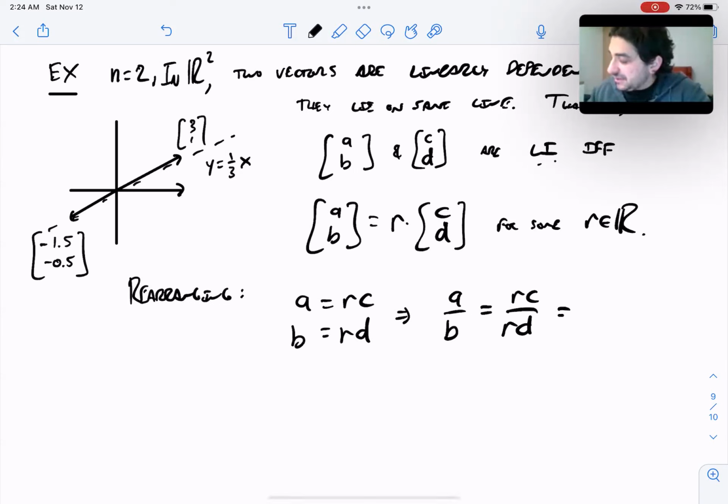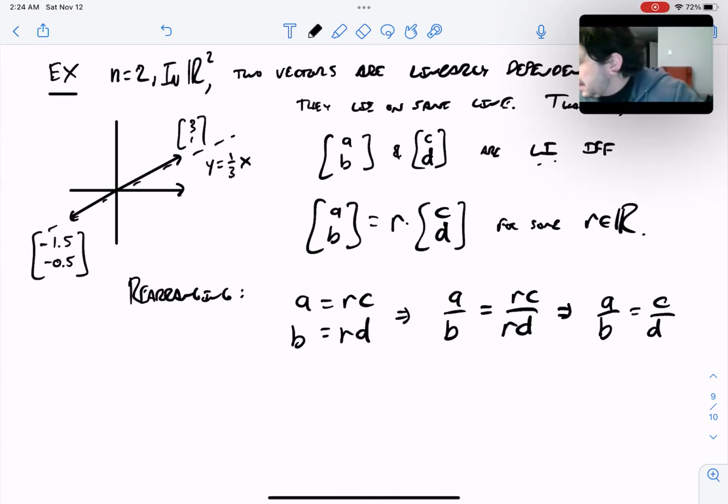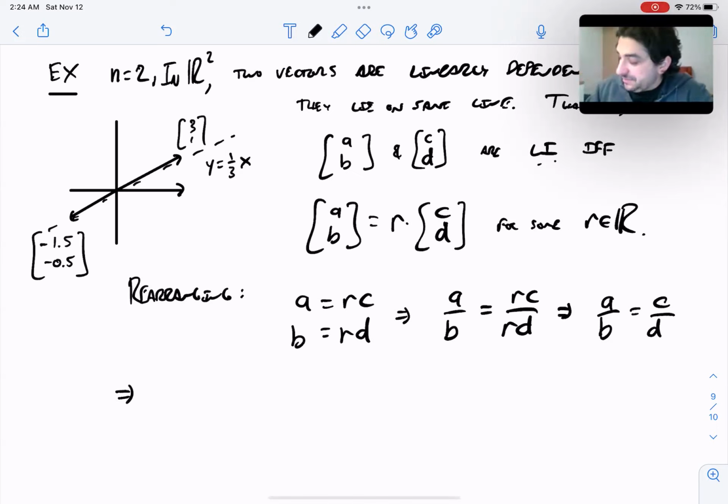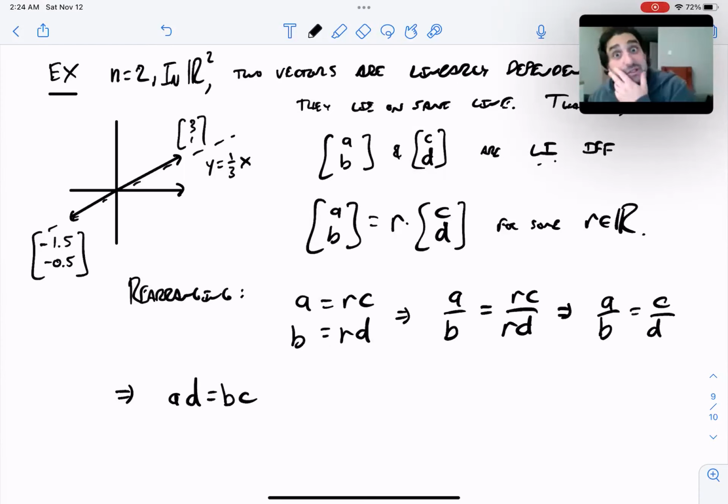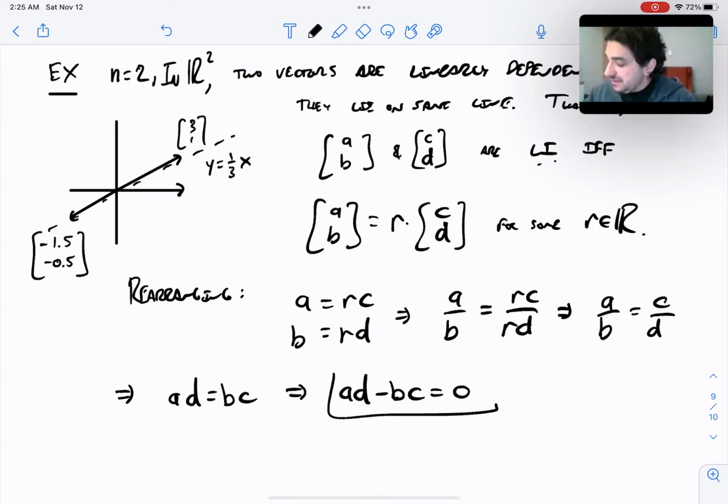Divide those equations, so now the R's cancel: A over B equals C over D. Then cross multiply, so you'd get AD equals BC. So these vectors are parallel. These vectors lie on the same line if and only if AD equals BC, which is to say, if and only if AD minus BC equals 0, right?